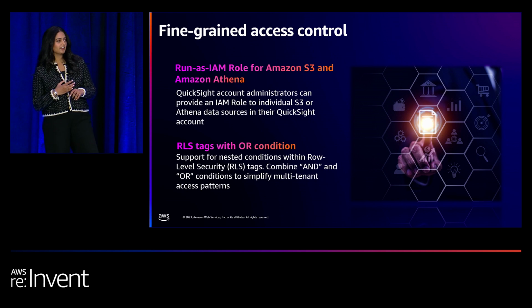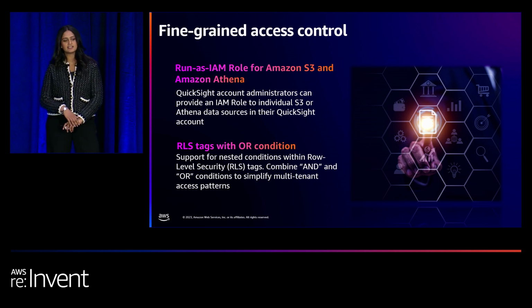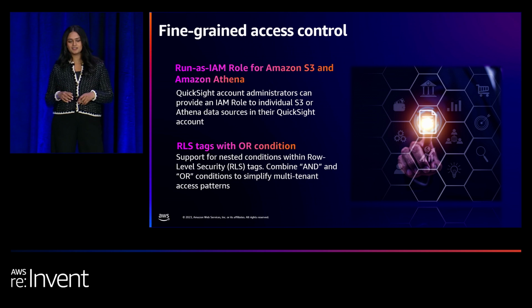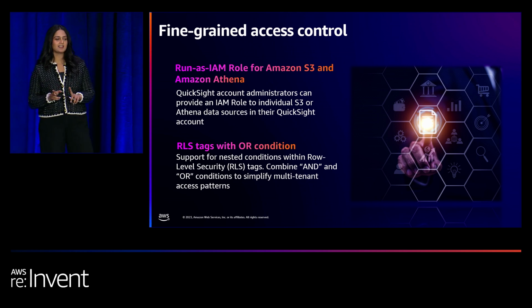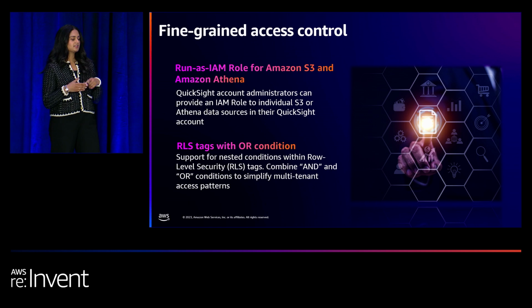Fine-grained access granularity. This has been something a part of QuickSight for quite a bit of time, as you've seen with multi-tenant structures, our row level and column level security. But now we've introduced two new updates. And so the first one is run as IAM for Amazon S3 and Amazon Athena. And so for this, what it allows us to do is that we can provide an individual user access to a certain S3 or Athena data source.